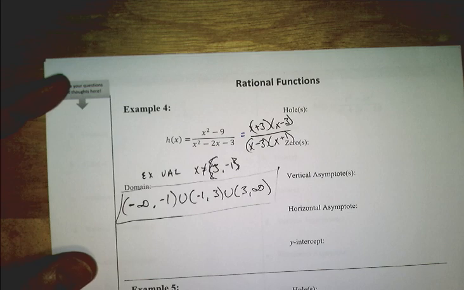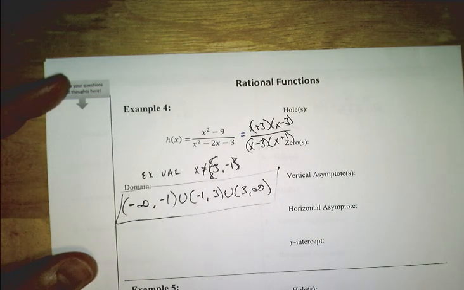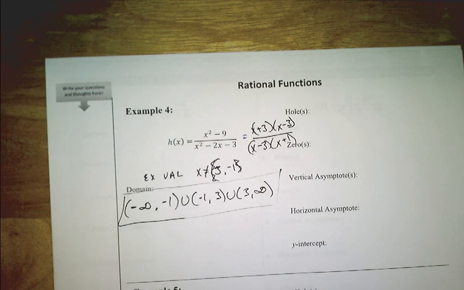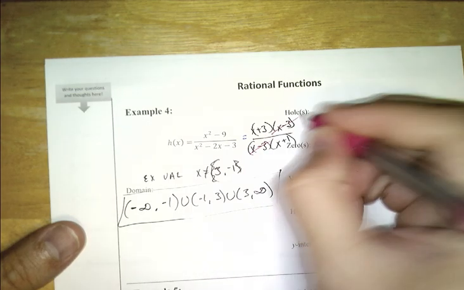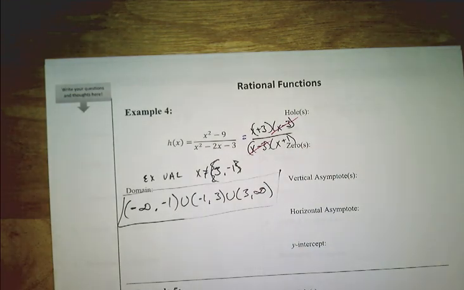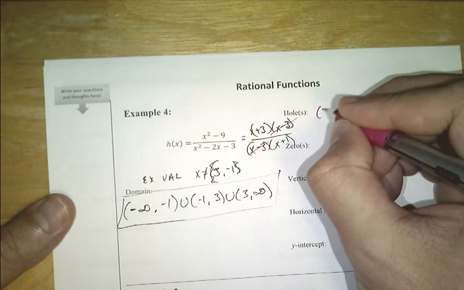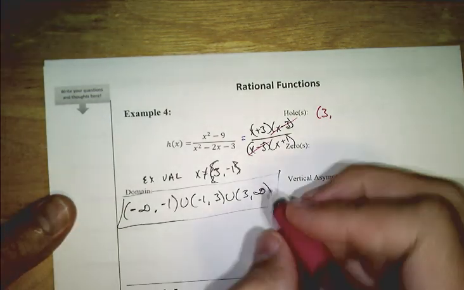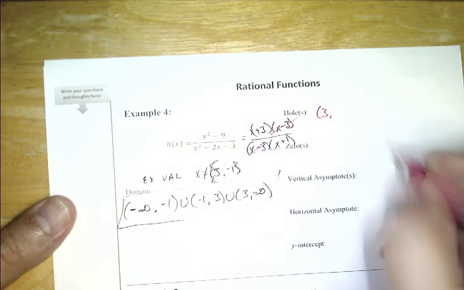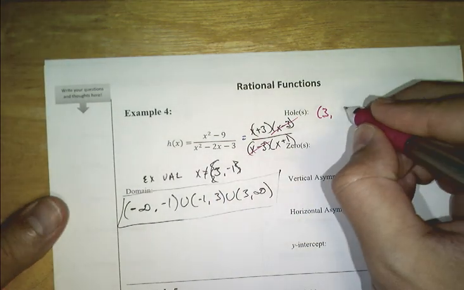Next up we can find the holes. Holes occur when things cancel out. x minus 3 and x minus 3 will both cancel out. So that would leave a hole at 3 and at some y value.